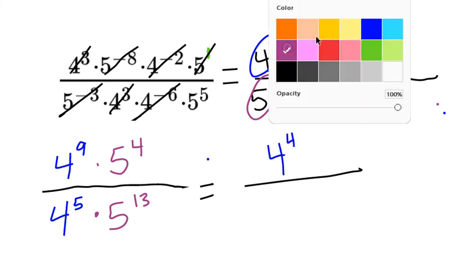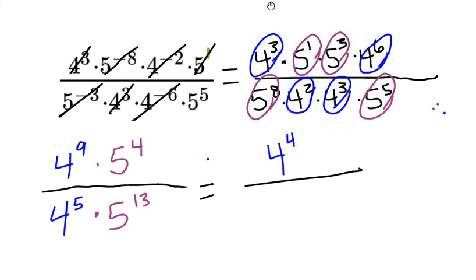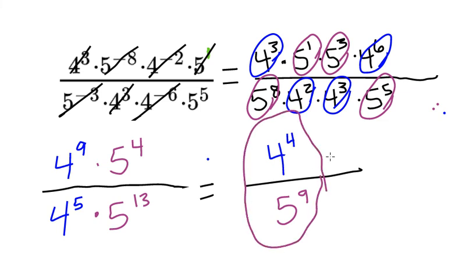Then my 5 here is bigger in the denominator because 13 is bigger than 4, and 13 minus 4 is 9. So I end up with 4 to the 4th over 5 to the 9th. And that right there would be my final answer because I only have positive exponents and each base only appears once.